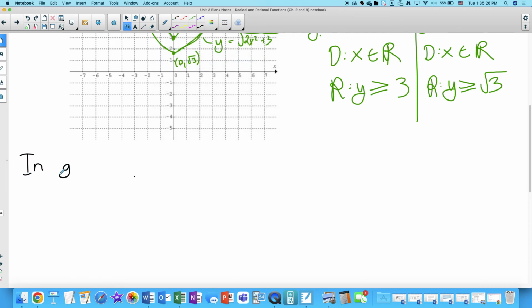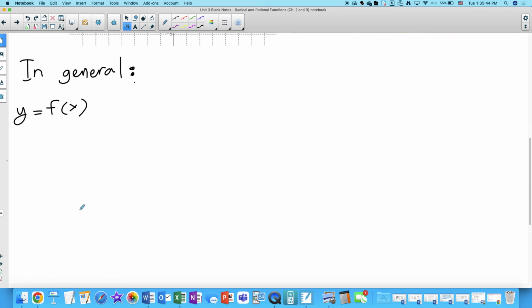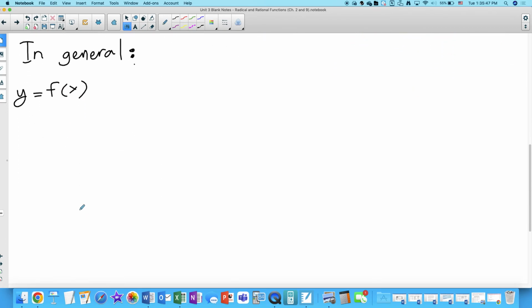In general, if we have these types of parabolas, I'm not going to define them in terms of a quadratic. I'm going to define them in terms of where they are in the coordinate plane.